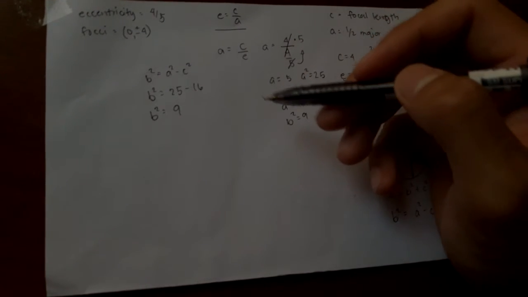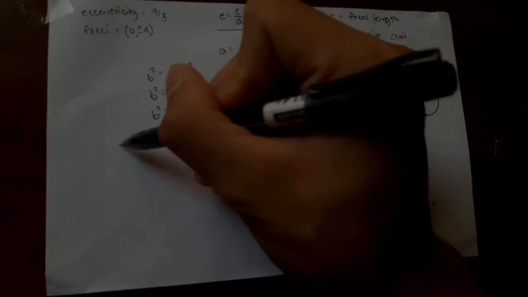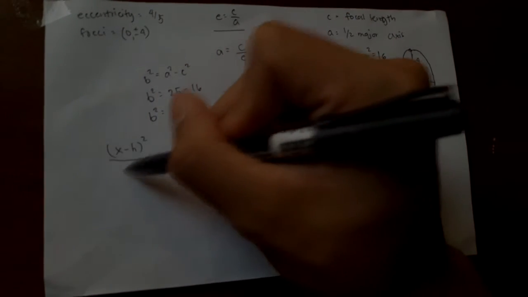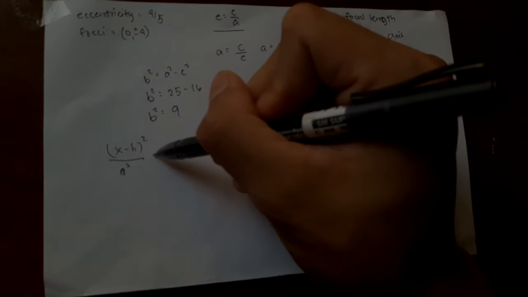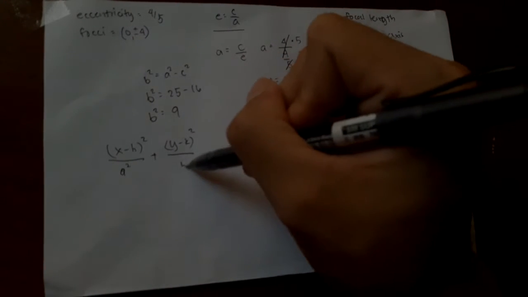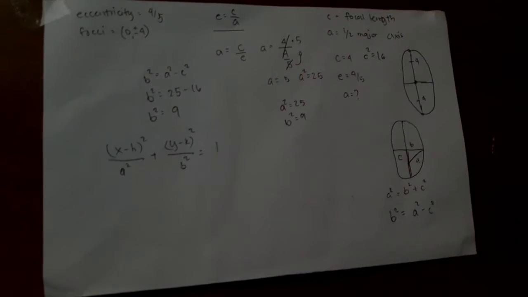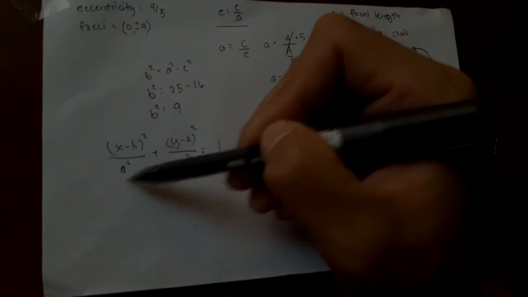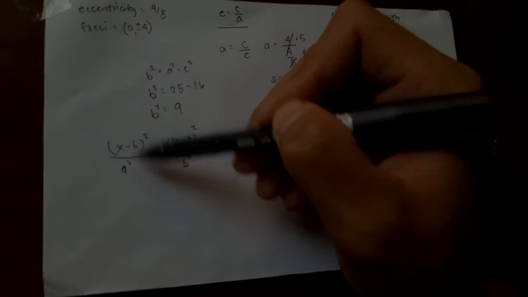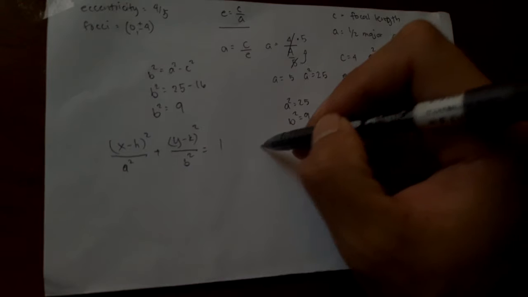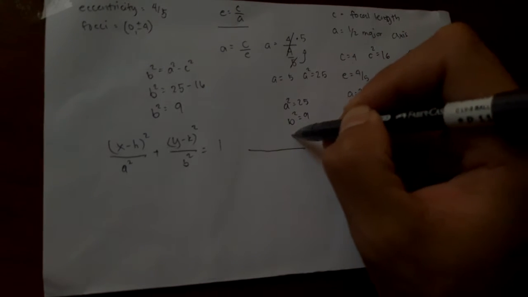We can now proceed to the equation of ellipse. So the equation of ellipse is x minus h squared over A squared plus y minus k squared over B squared equals 1. This equation says that the A is on the x, where A is the greater number, lies on the x-axis, which means the ellipse is horizontal.